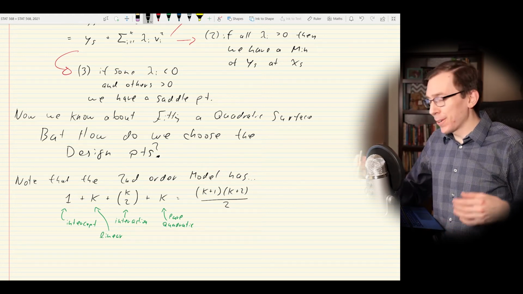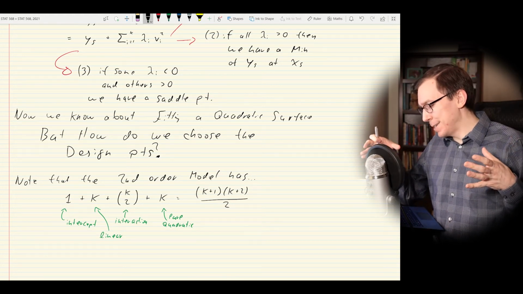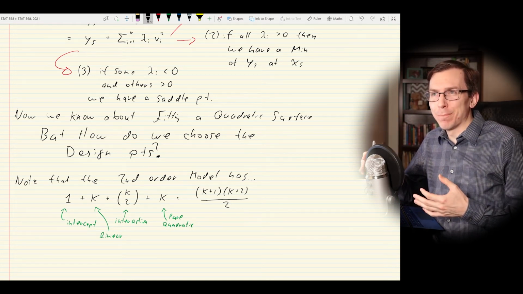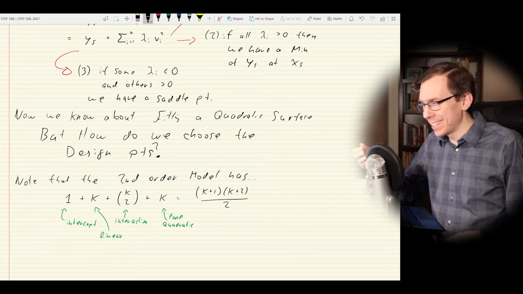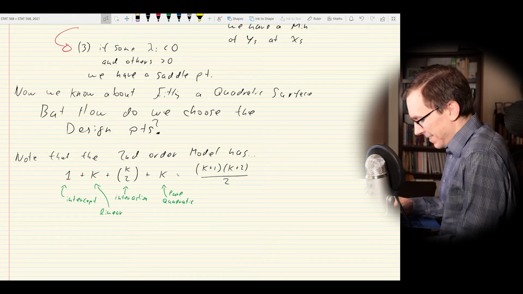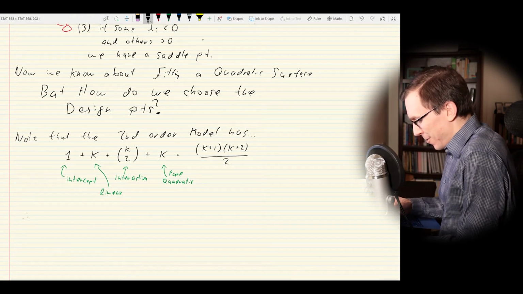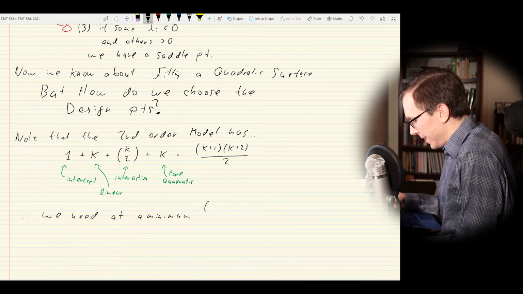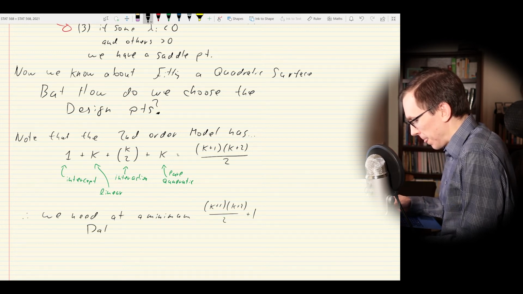So the first thing we have to know is that if we want to estimate that many parameters, we need at least 1 plus that many data points, right? So the idea is that, therefore, we need at a minimum (k+1)(k+2)/2 plus 1 data points.